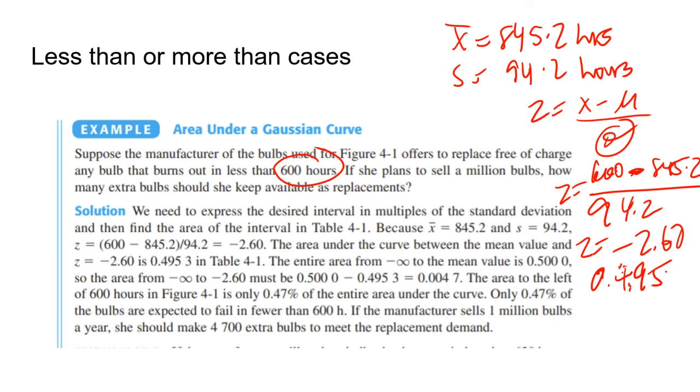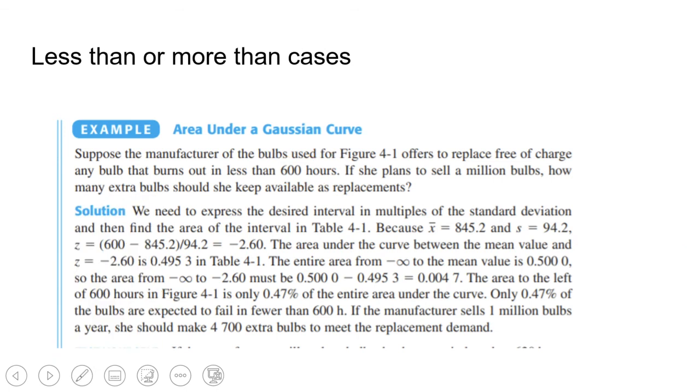So let me draw the curve to help you understand it.